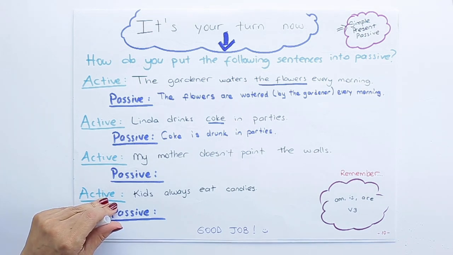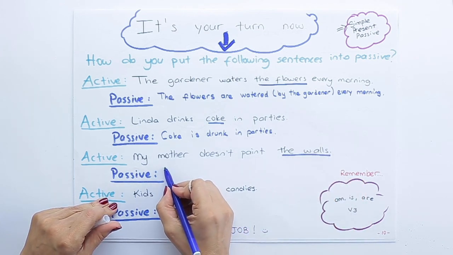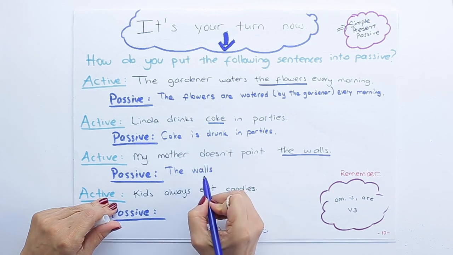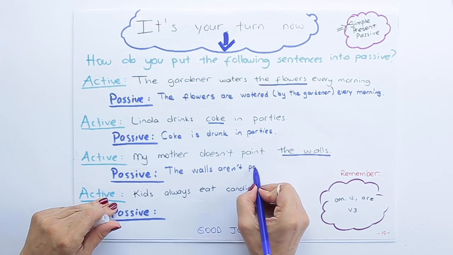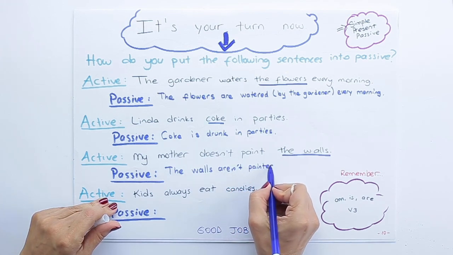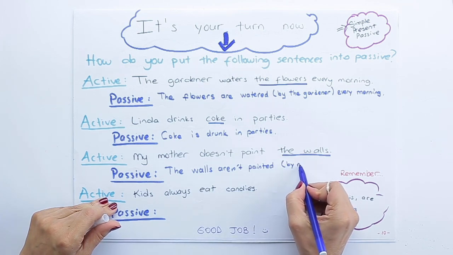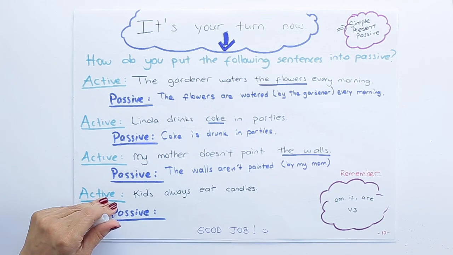Look at question 3. My mother doesn't paint the walls. Now the walls is my subject. The walls aren't painted by my mom. Good.